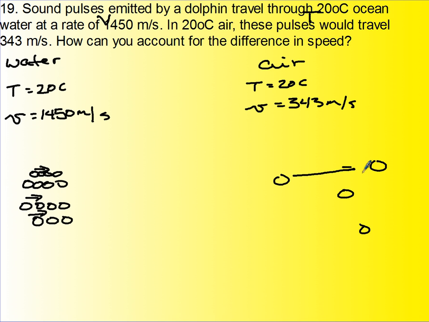While in air, the molecule has to travel quite a bit further to propagate the sound. This exact same argument can be used to describe why sound travels faster through solids than through liquids.